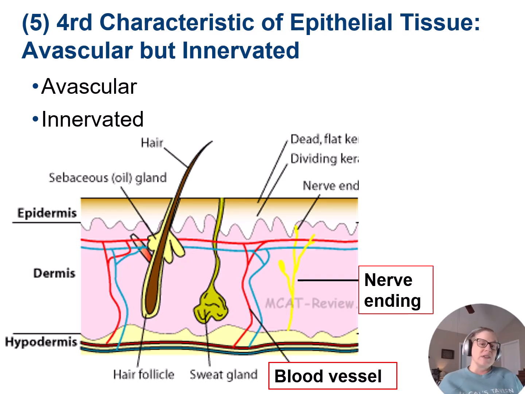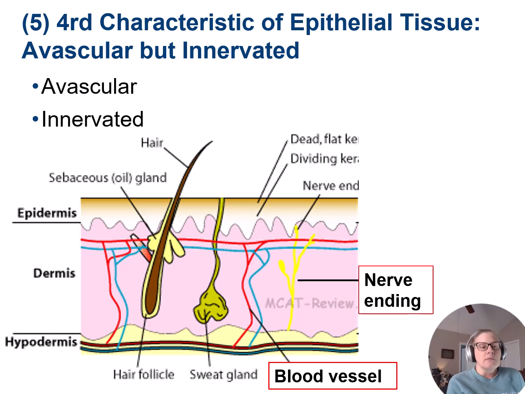The fourth characteristic really is two separate characteristics, but this is the fact that epithelial tissues are avascular but innervated. Whenever you see the prefix a in front of a word, I want you to think of that as meaning not.